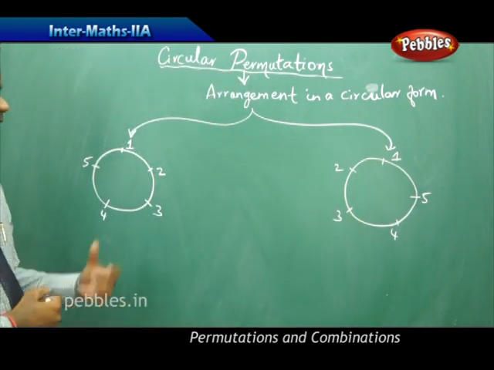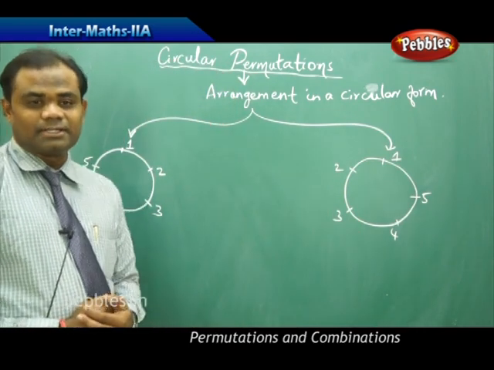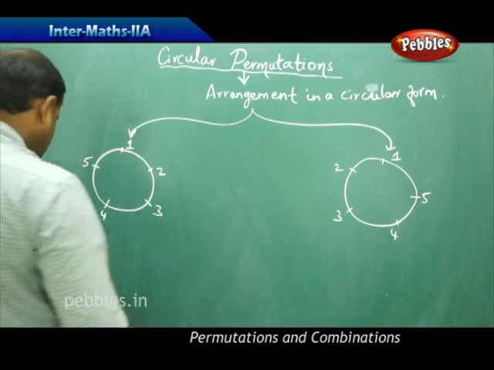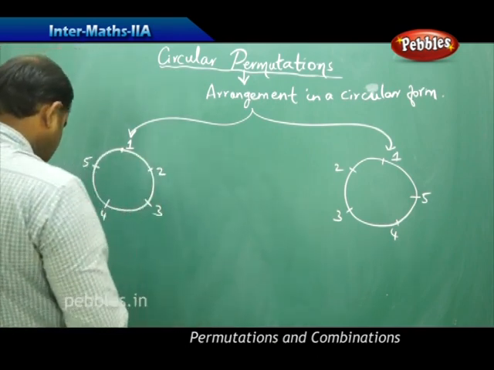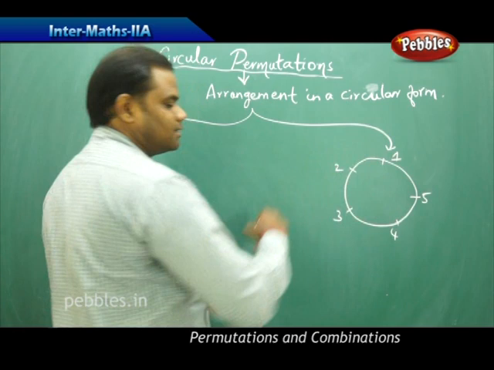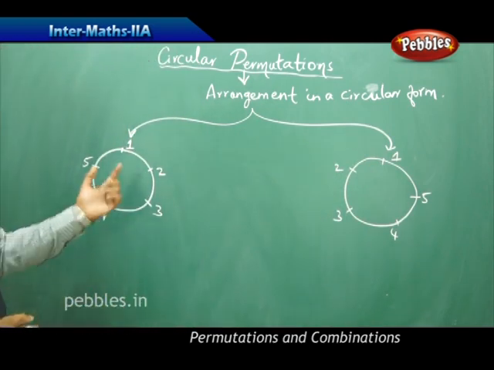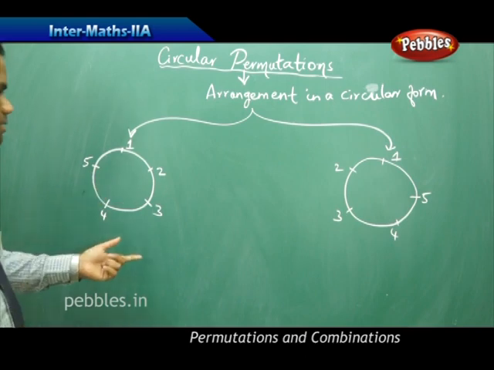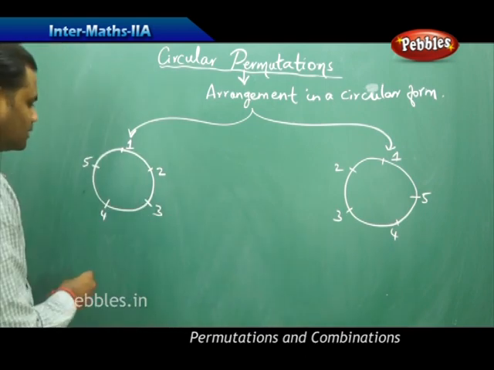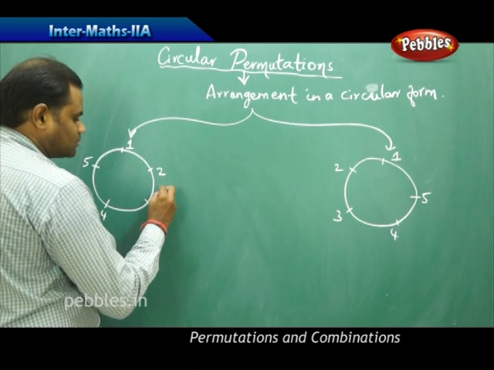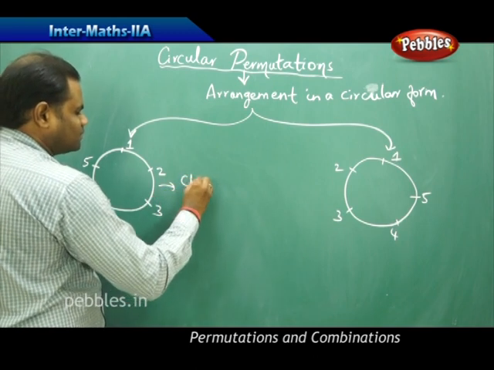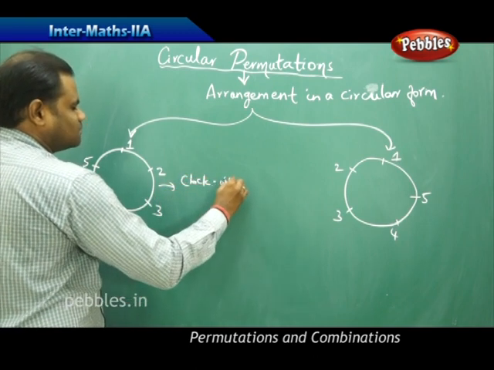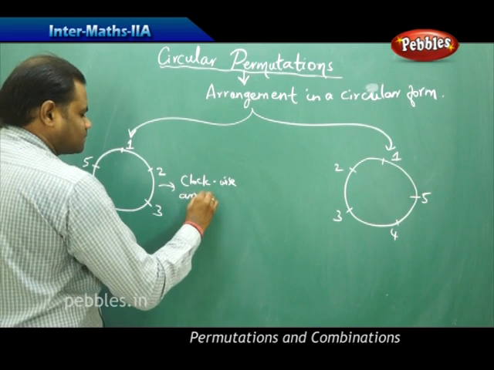So the difference between these two types of arrangements is that here we have things in clockwise direction and here we have things in anti-clockwise direction. So the arrangement of the 5 persons 1, 2, 3, 4 and 5 here is clockwise, and this is an anti-clockwise arrangement. So here we call this a clockwise arrangement.